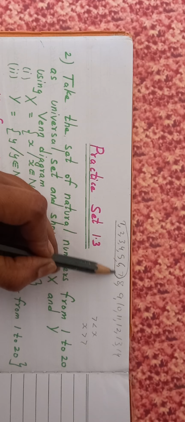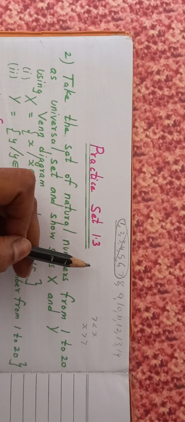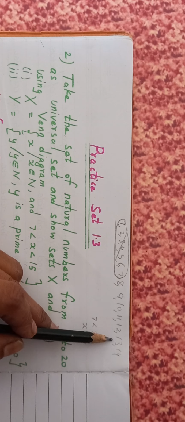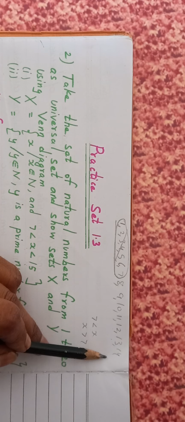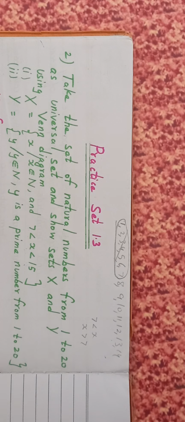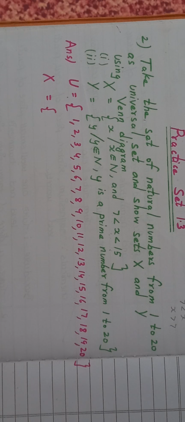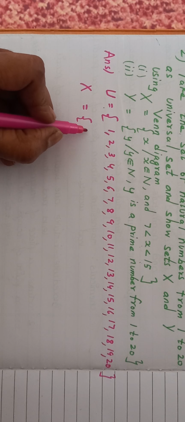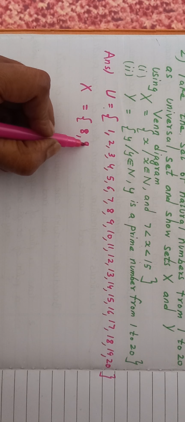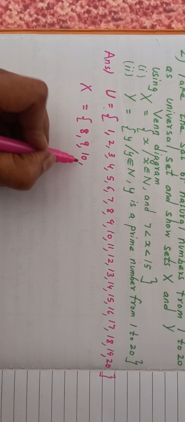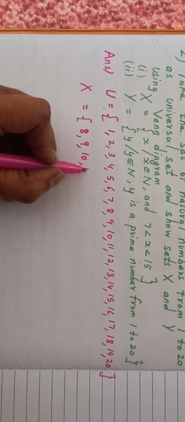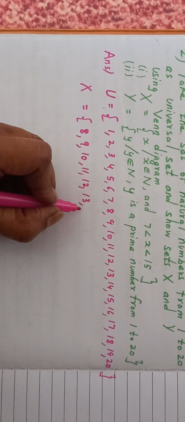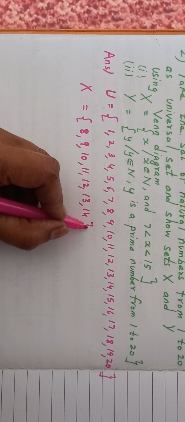No, it will not take these values. So what values will it take? 8, 9, 10, 11, 12, 13 and 14. This you should understand. So the elements of set X are 8, 9, 10, 11, 12, 13 and 14.